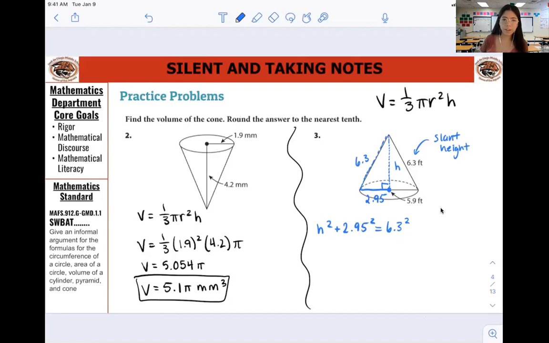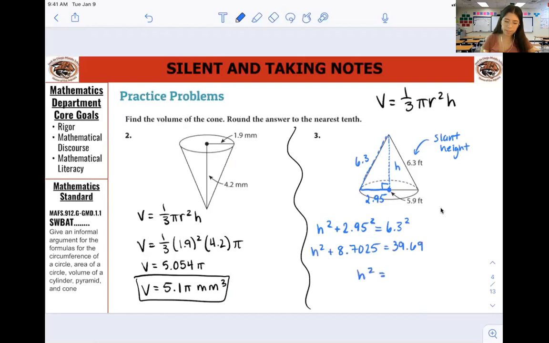All right, let me start going over the height. So again, don't round until the very end. I'm going to write it out with all the decimals. 2.95 squared, I get 8.7025. 6.3 squared, I get 39.69.